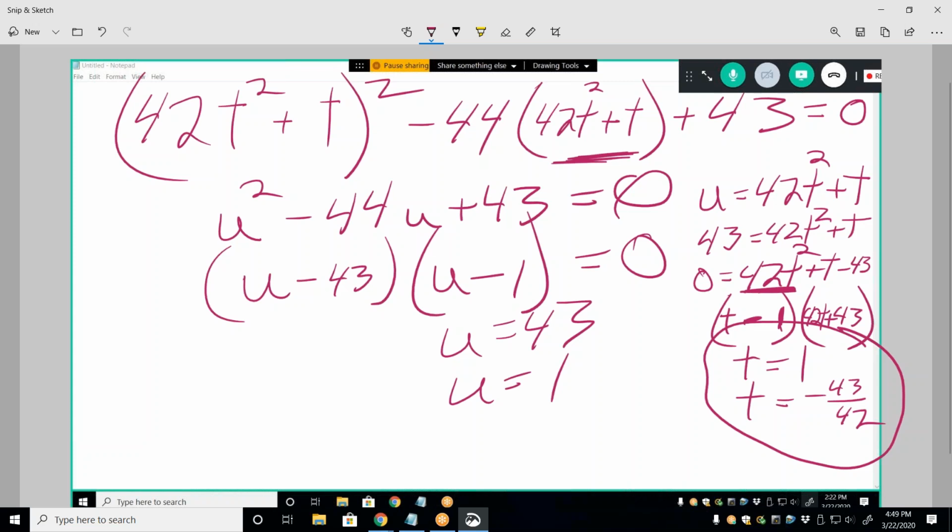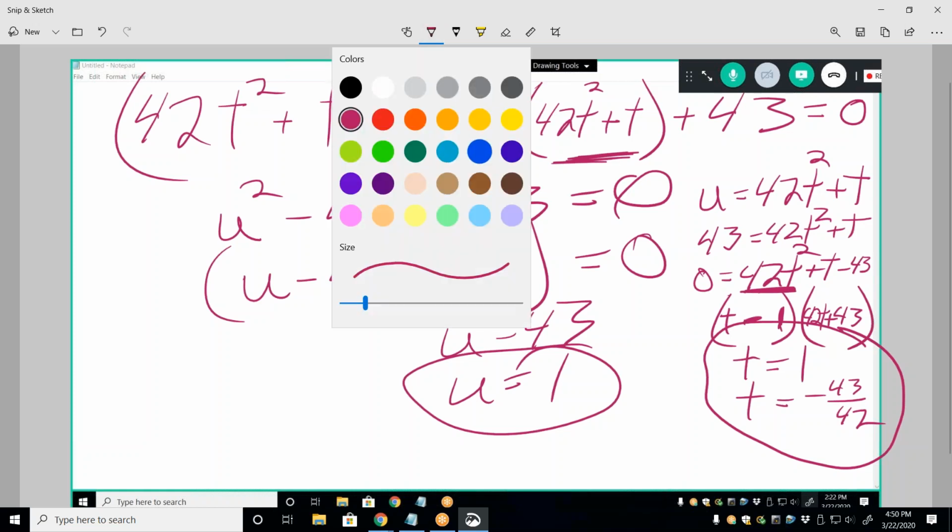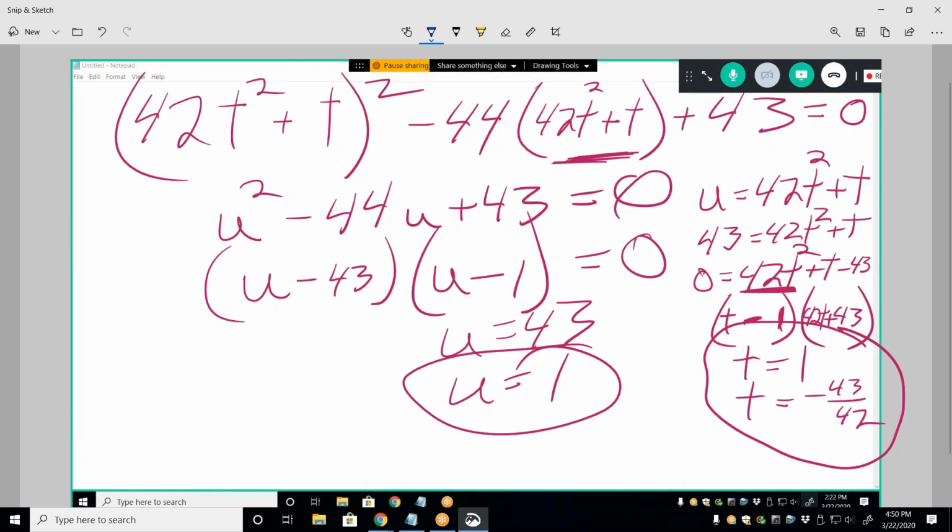All 4. Okay, I'm going to get the other 2 by using that u. In other words, when I use substitution, I got 2 answers for u. Well, one of those answers produced 2 answers for t, as it should. Now we're going to get the other one.